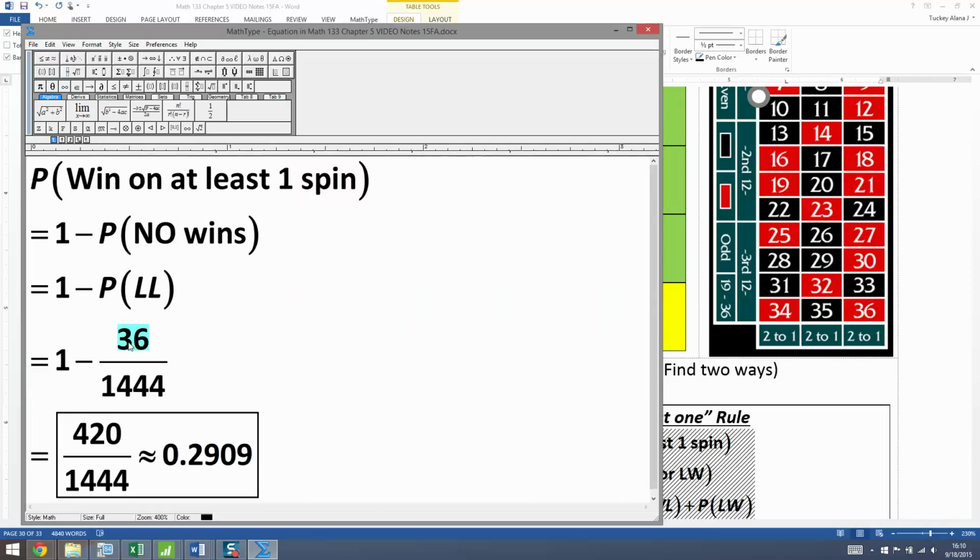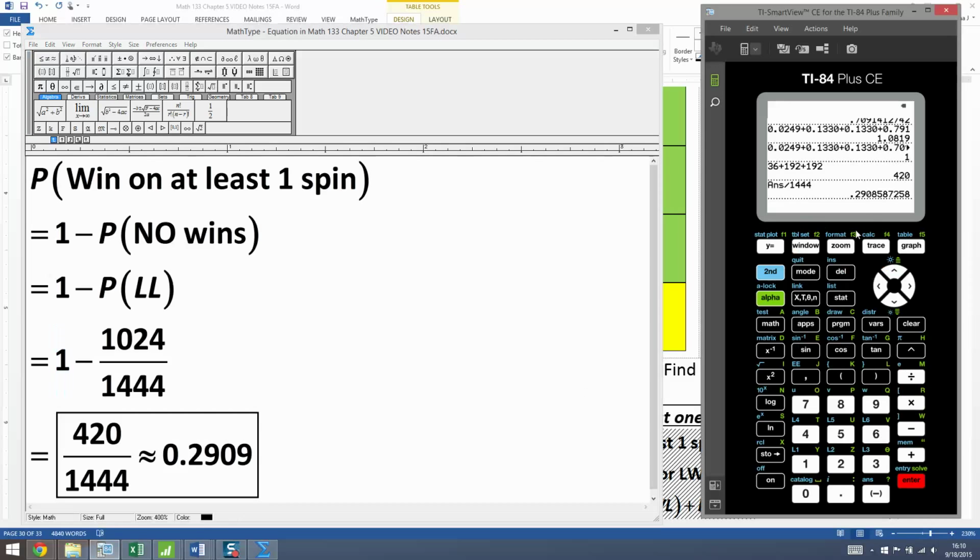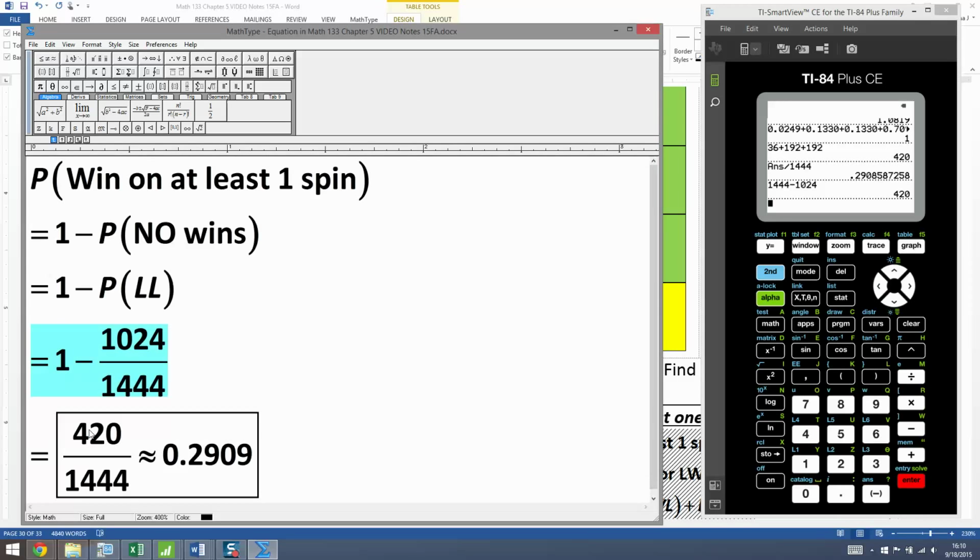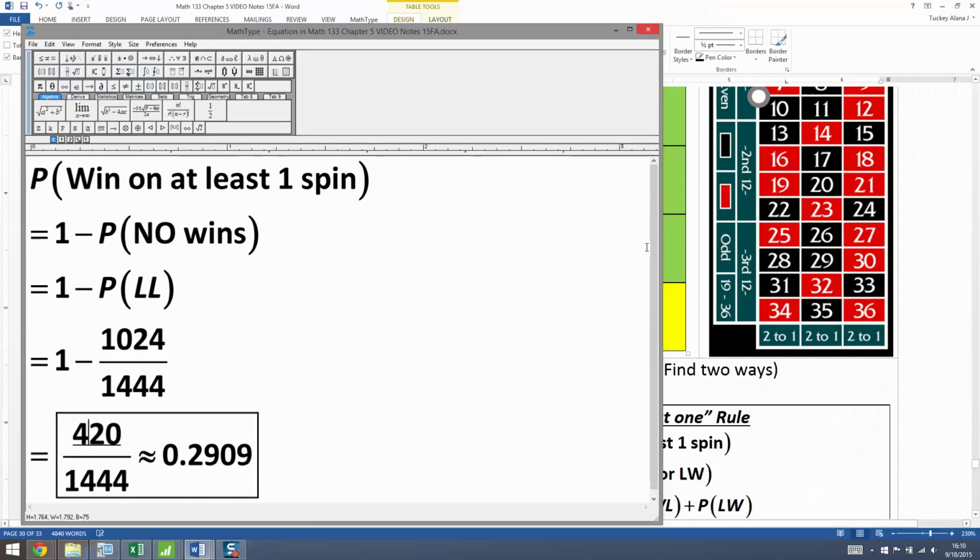So we'll just take 1024 away from 1. But all that means is that this number 1 becomes 1444 over itself. So I'm going to take 1444 as my numerator and take away 1024 as my other numerator. And I get 420, which is what we just got right here. So the answer is the same.